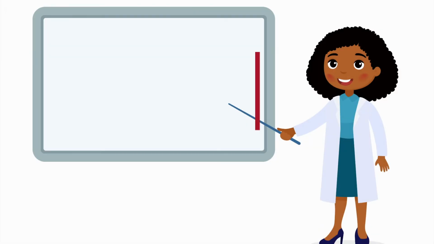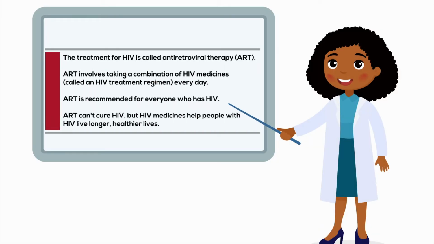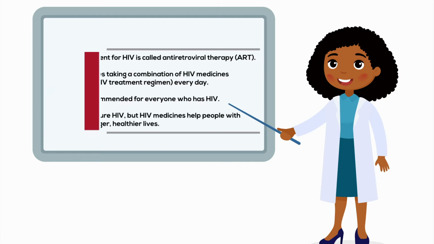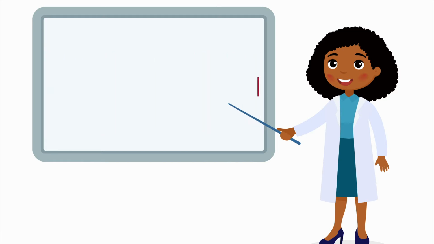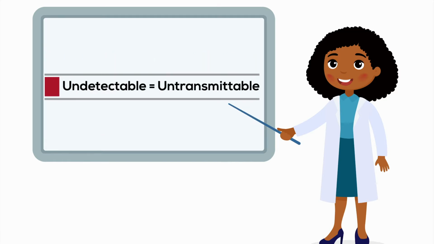Recent scientific advances have shown that antiretroviral therapy preserves the health, quality of life, and life expectancy of people living with HIV. And people living with HIV who take medicine as prescribed and get and keep an undetectable viral load have effectively no risk of transmitting HIV to their HIV-negative sexual partners.